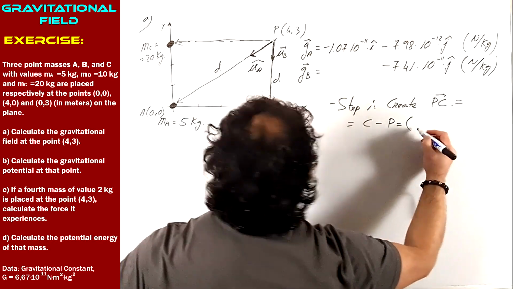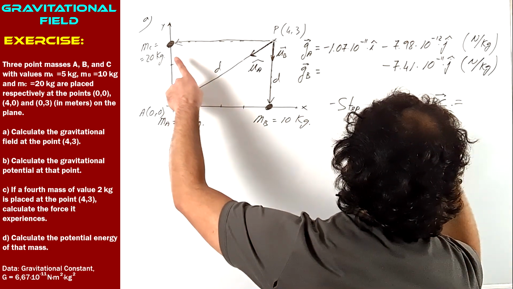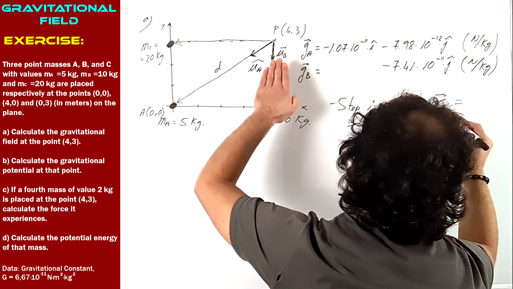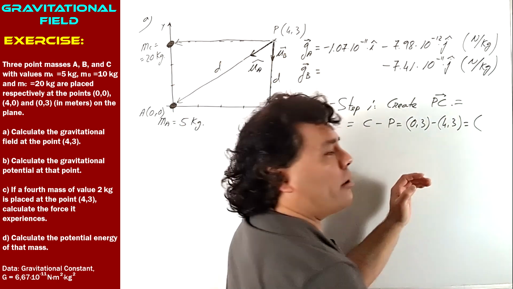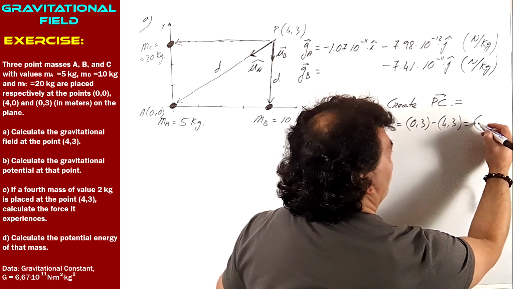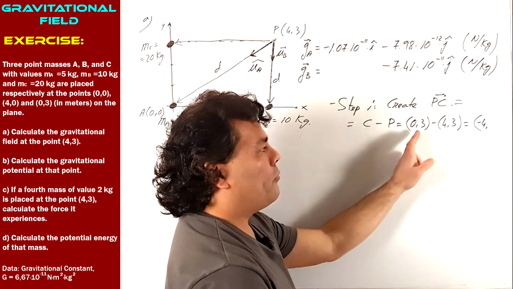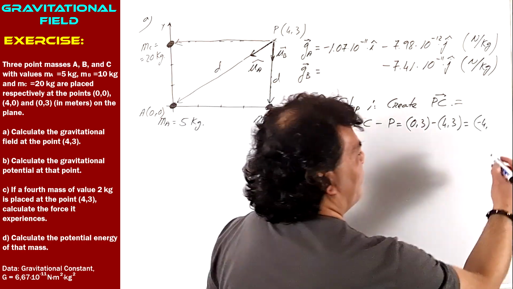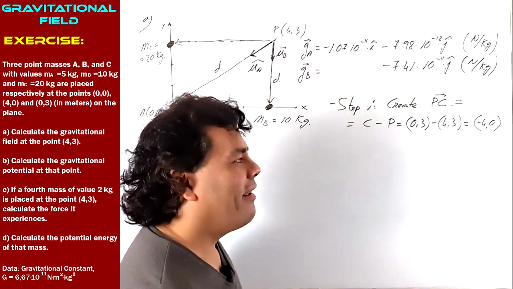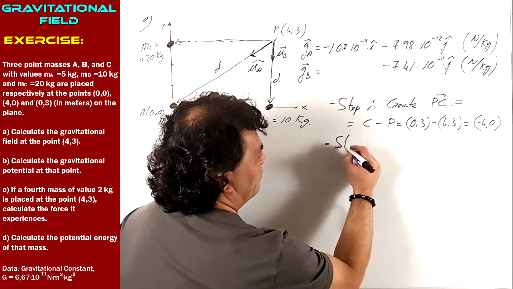That is point C, (0, 3), minus point P, (4, 3). And we obtain 0 minus 4, negative 4, and 3 minus 3, 0. This is vector PC.